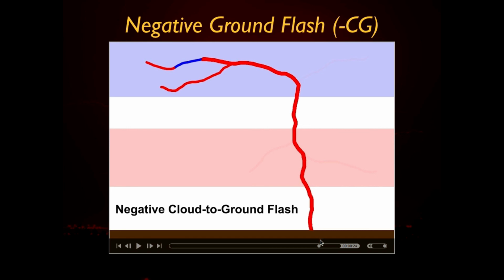This is the M component brightening, which is a much slower hump, if you will, as far as the luminosity curve that it portrays. And we can see that with the connection of a recoil leader during that ongoing luminosity.